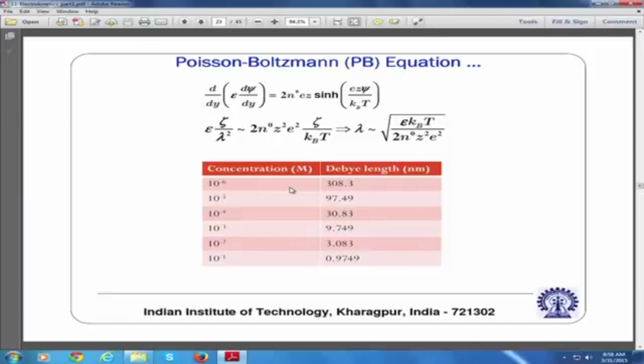So the trick of playing with the electrical double layer thickness is essentially related to varying the concentration of the solution that you are using. The final take-home message is that the more dilute the concentration, the thicker is the electrical double layer.